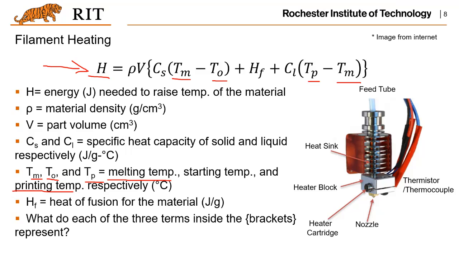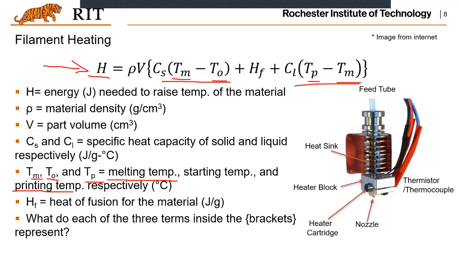So you can think of the melting temperature basically as the division of the material between solid state and liquid state. And after the melting temperature, the material is in liquid state, but still requires some heat up to be ready for printing. So that's why there are two sections here.